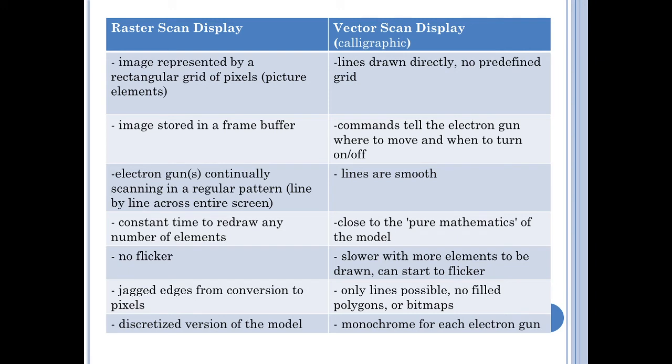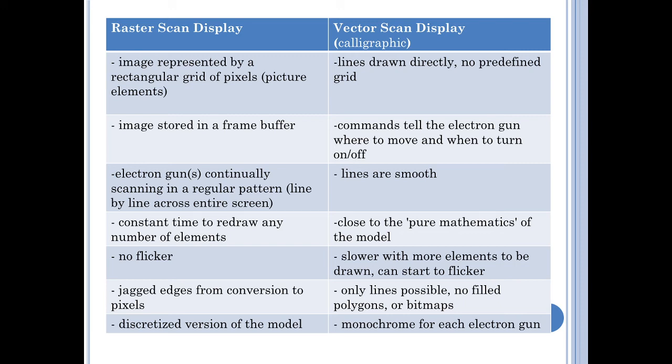So we will discuss the comparison between raster scan display and vector scan display. An image represented by a rectangular grid of pixels or picture elements is known as a raster scan display. Lines drawn directly, with no predefined grid, is called a vector scan display.